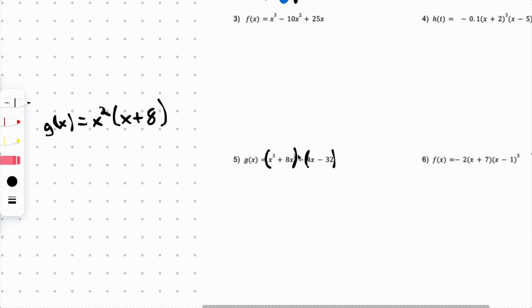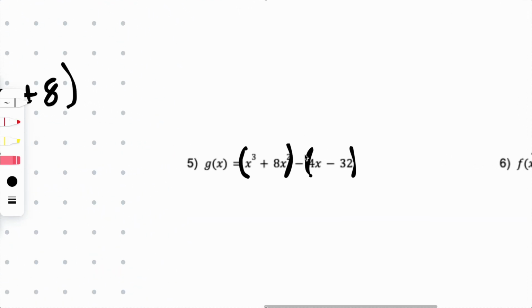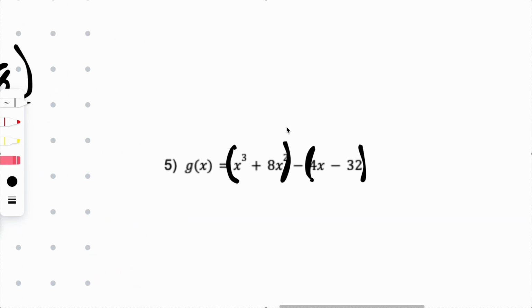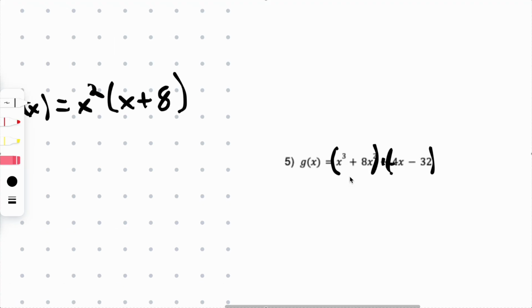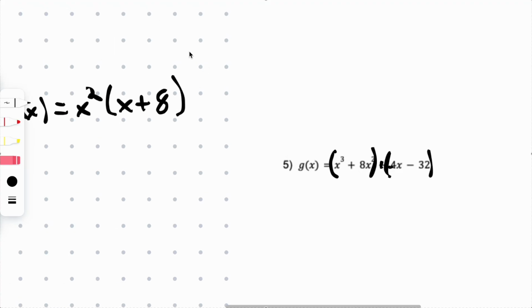Now here, essentially what I'm going to do is say plus negative. So here, what's the greatest common factor of negative 4x minus 32?